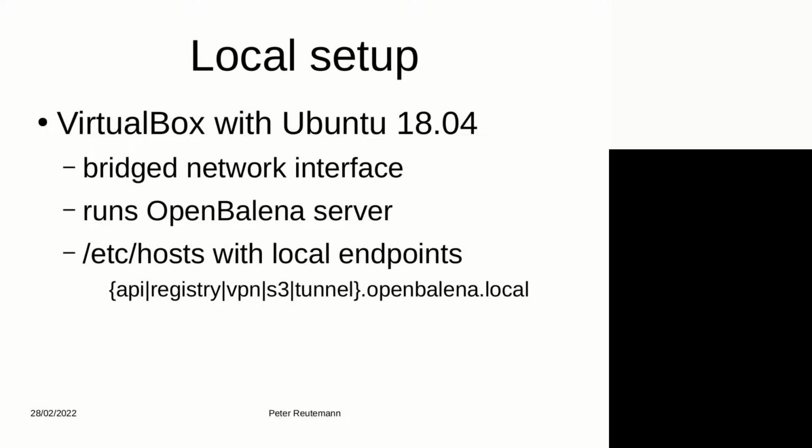So rather than going via DNS, it would just go locally on localhost. But the DNS names are necessary on the subnetwork for the other devices to actually find the API. So the etc hosts entries are really just for the OpenBalena server to find its connectors as well.